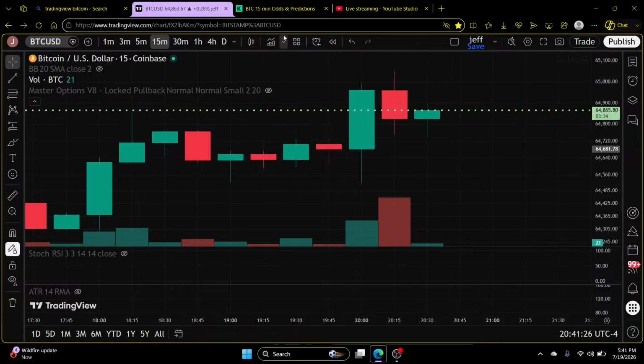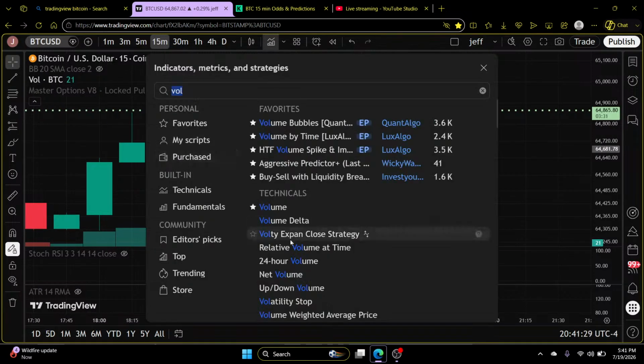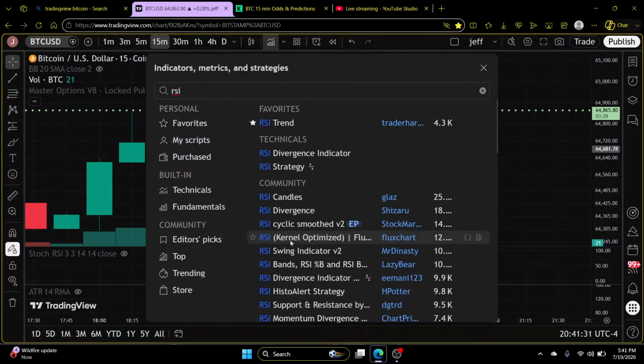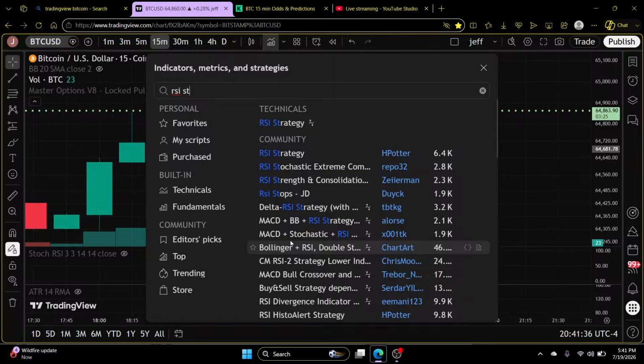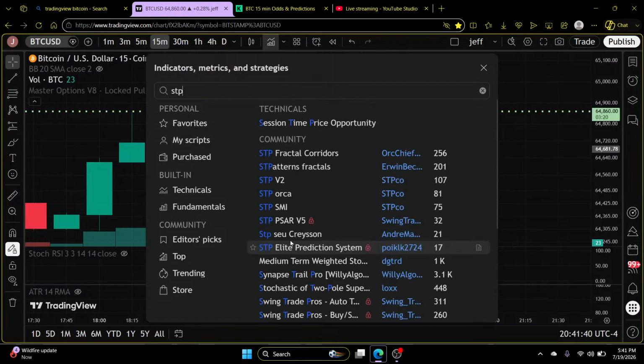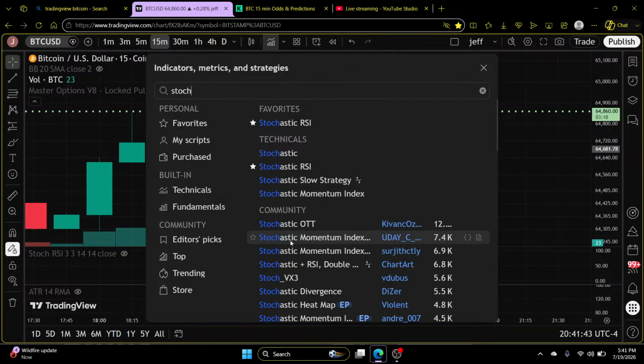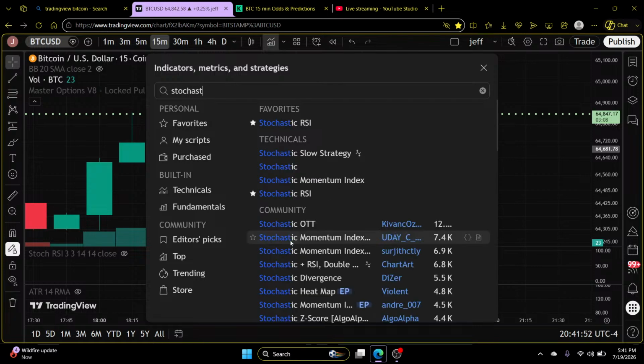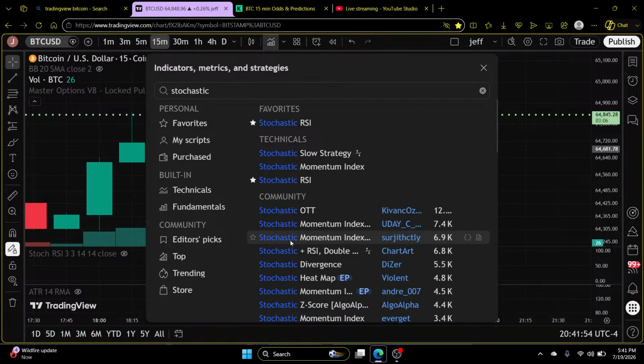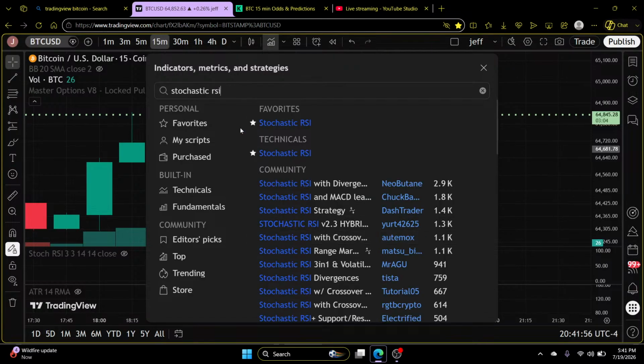So now you're going to go back to the indicator search and you're going to type in RSI and, shit, hold on. You're going to type in STOCHASTIC and then space RSI and then click the star and click it.